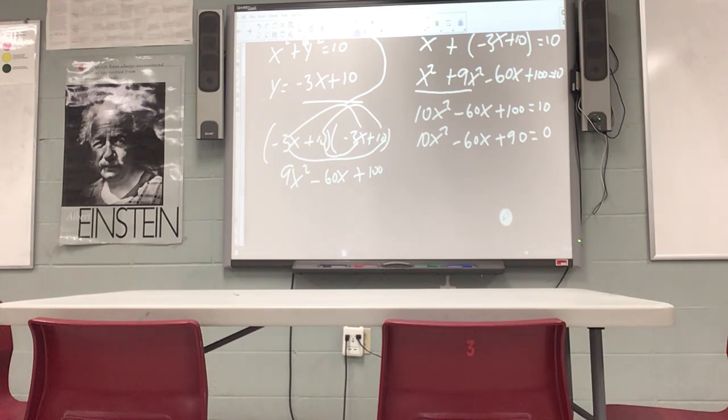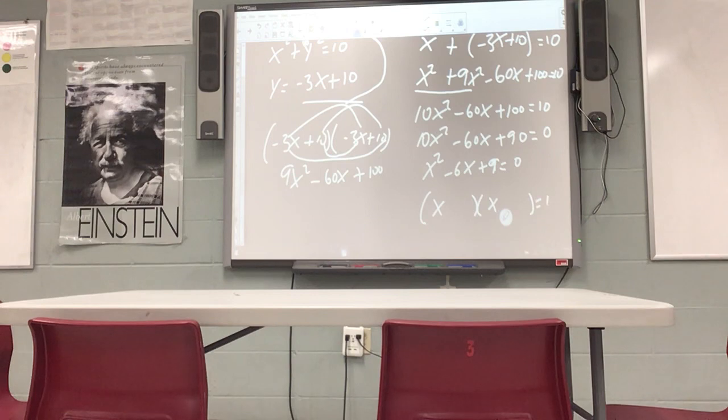So just reduce it. It'll be x squared minus 6x plus 9 is equal to 0. Now, Christian, it's real easy to see if that factors, and it does, or it's real easy to go to the quadratic formula, either one. What factors do I have? What multiplies to get me 9, but adds to get me negative 6?